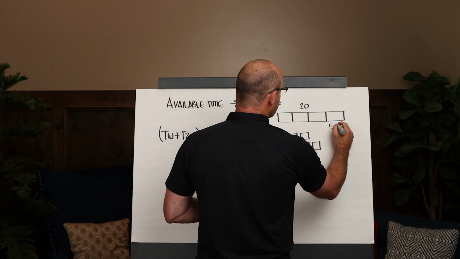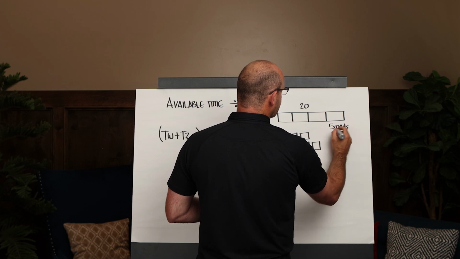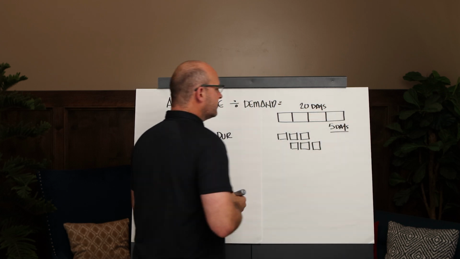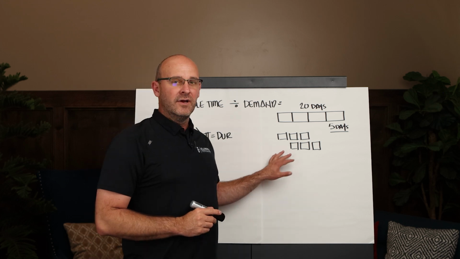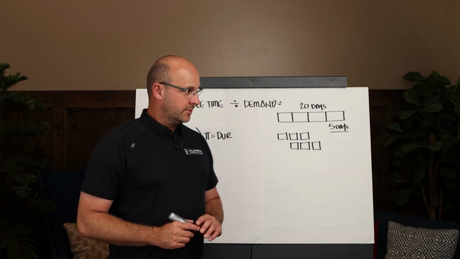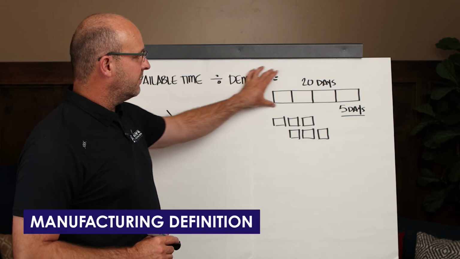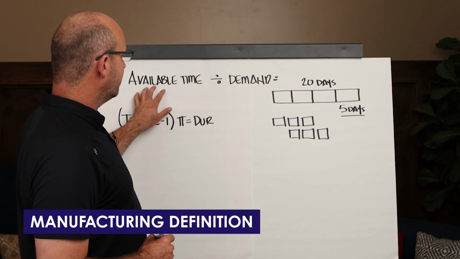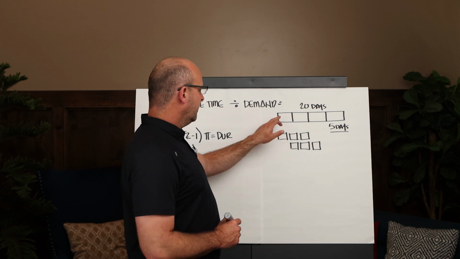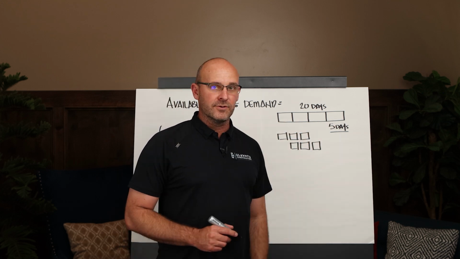You basically have 5 days to produce each one. Now that's in a linear fashion, and that's without the complexity that we have on construction sites of multiple crews and multiple zones. So this is the simple manufacturing definition, where you have your available time divided by the demand. Let's say you need 4 products, well, you have 5 days to produce each product.